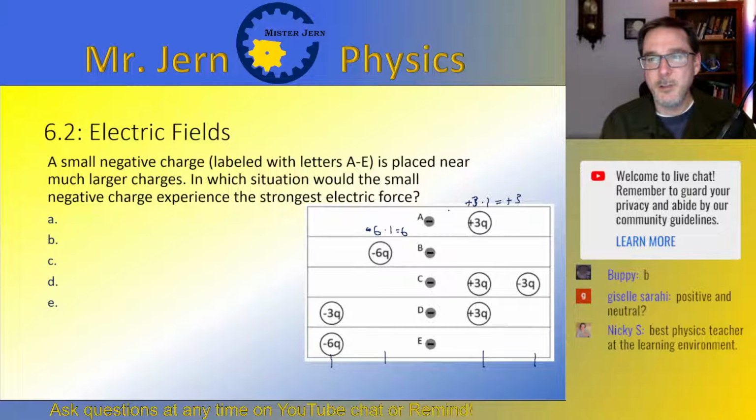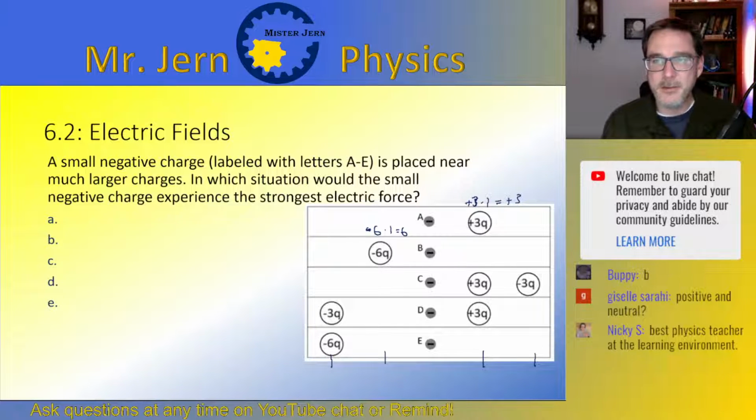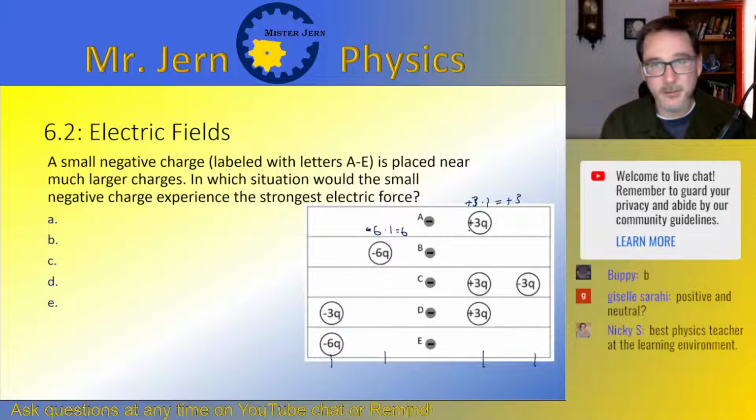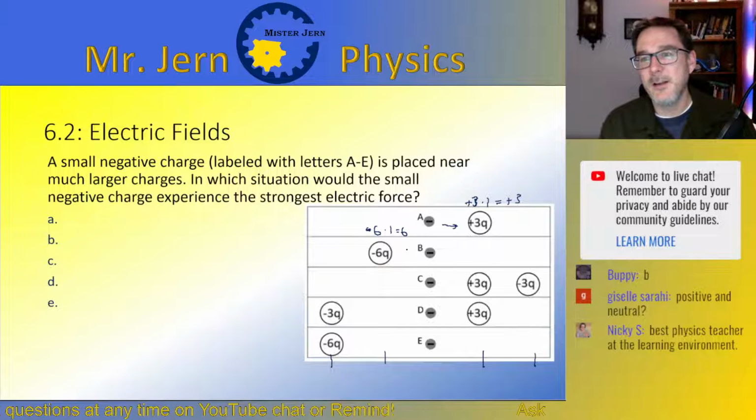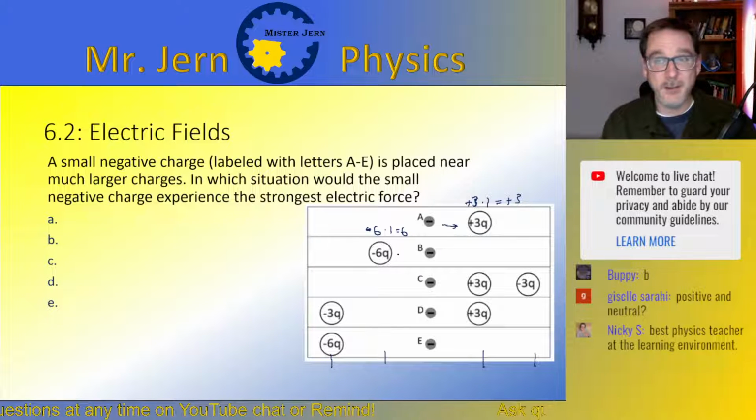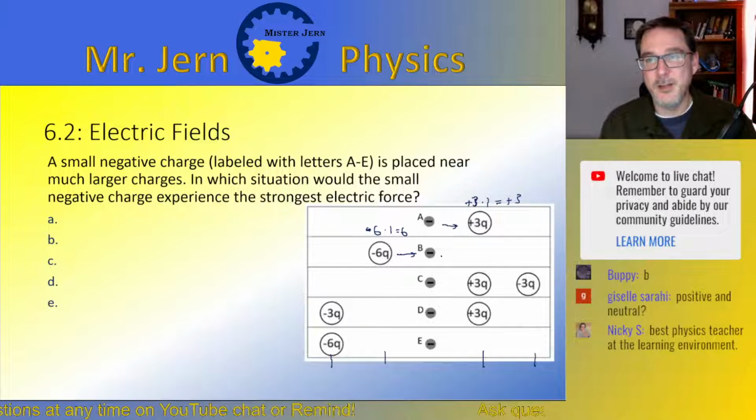Now to quickly compare, this 3 here is a positive, so it's going to pull it this way. It's going to attract it. These two are both negative, so this is also going to be pushed in that direction, but that doesn't really matter. I'm just pointing out what direction it's going to get pushed.